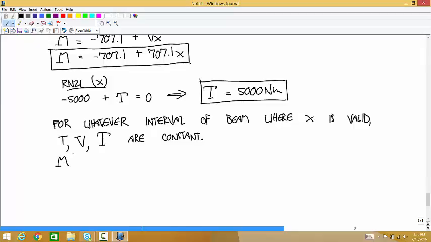But the bending moment, in this case, and there's nothing really special about the bending moment.